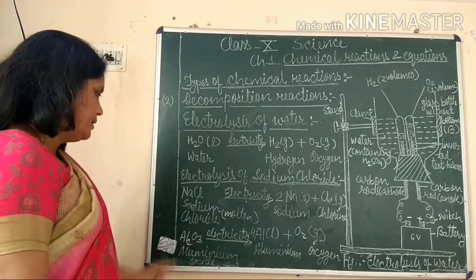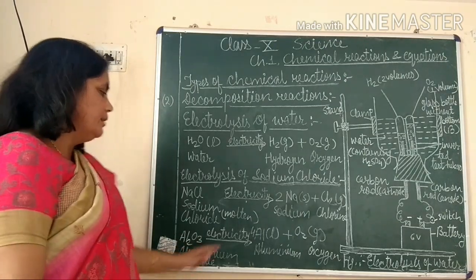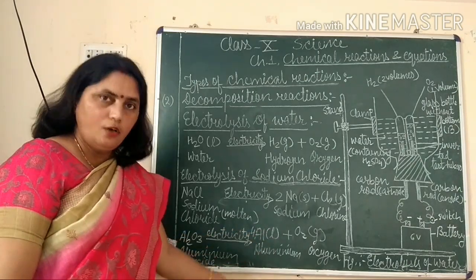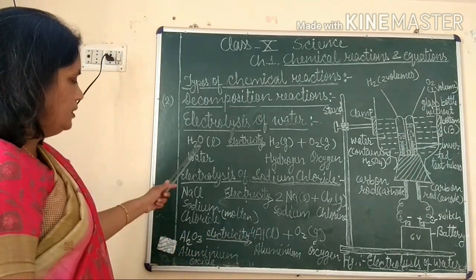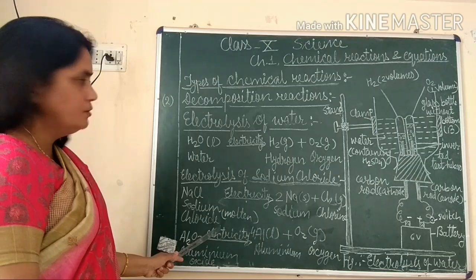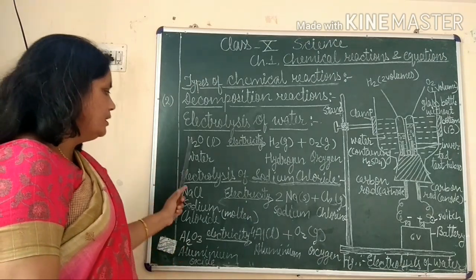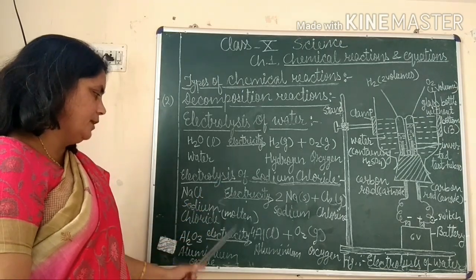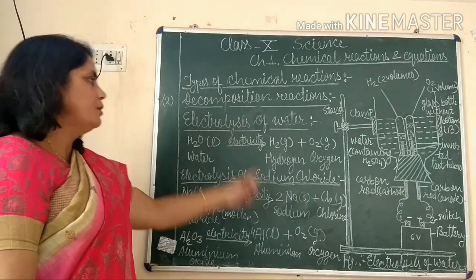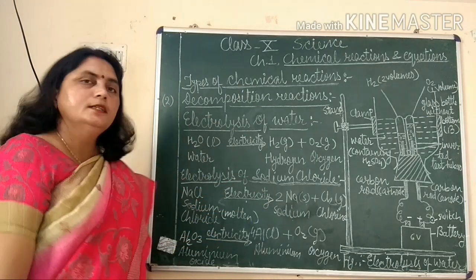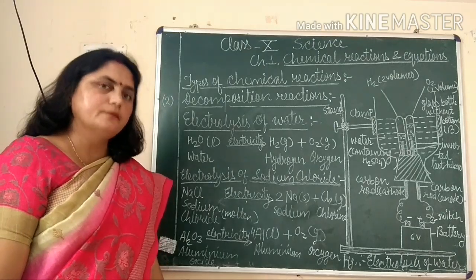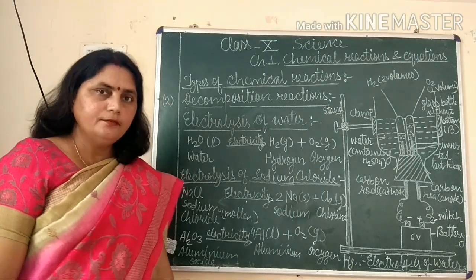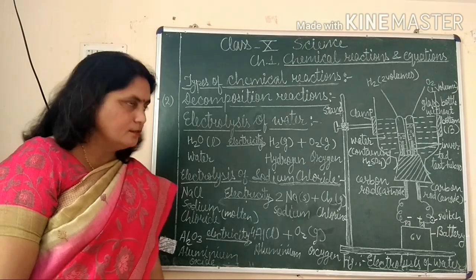On passing electricity, it gives aluminium metal and oxygen gas. So in these three reactions, you can see that decomposition of a compound is taking place in the presence of electricity. This type of decomposition is known as electrolytic decomposition. Some more examples are left that we are going to discuss now.